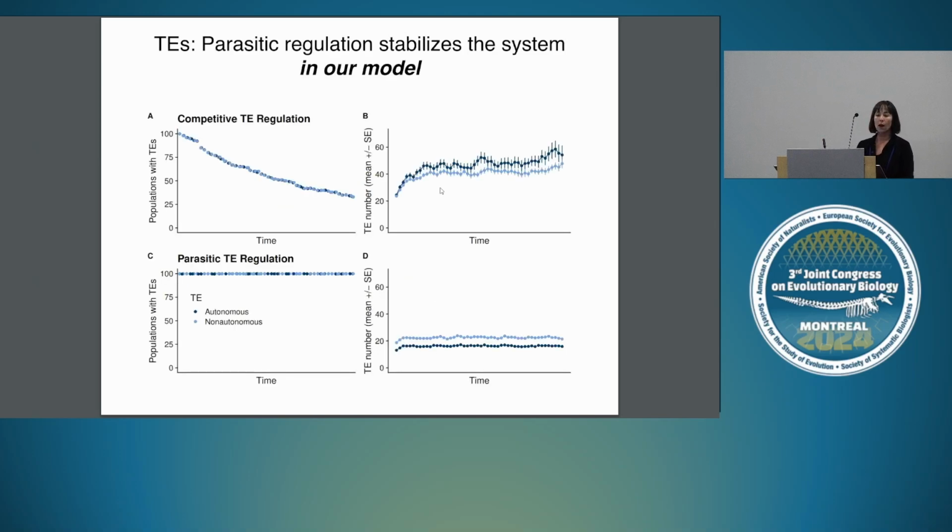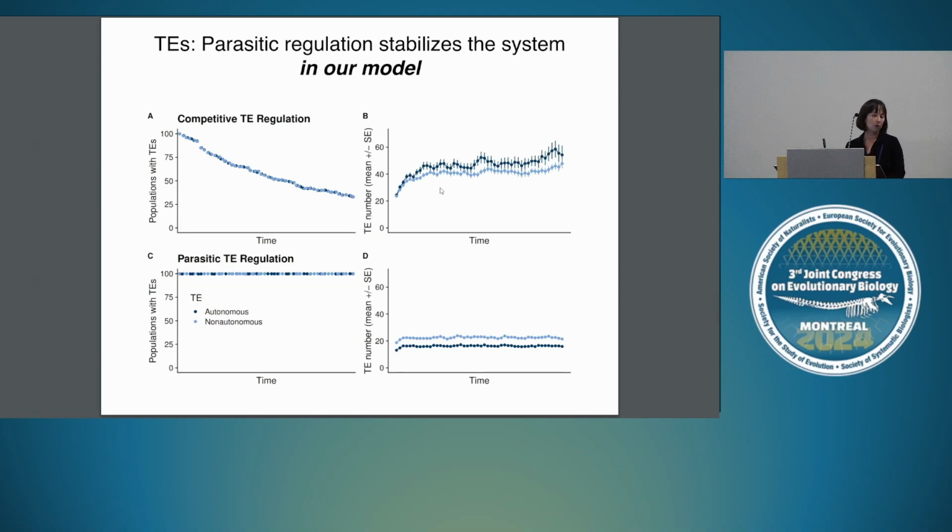And so what I find is that overall, across broad ranges of parameter space, the parasitic TE regulation, where one is increasing, one is attenuating, and they have that tension going back and forth, can actually maintain transposable elements at stable numbers for long, long periods of time across the entire course of the simulations.